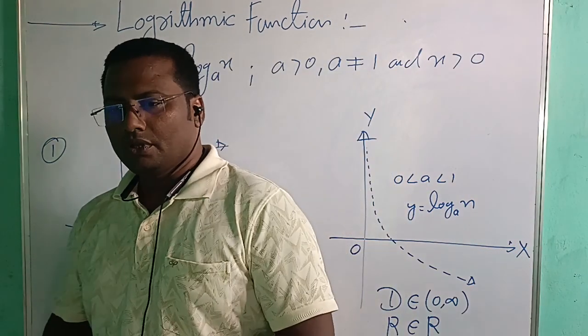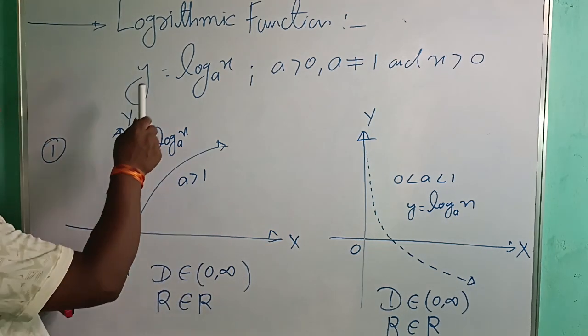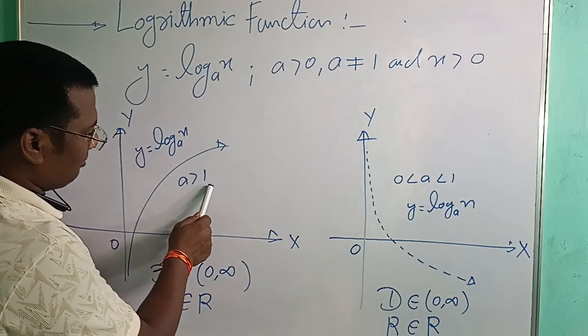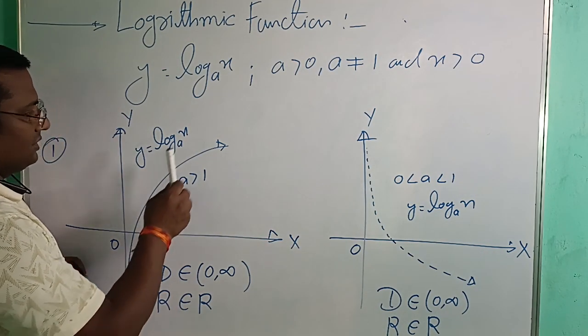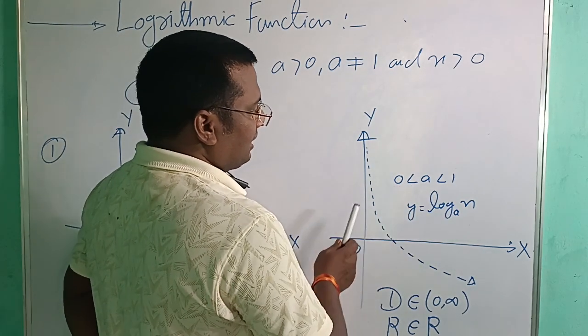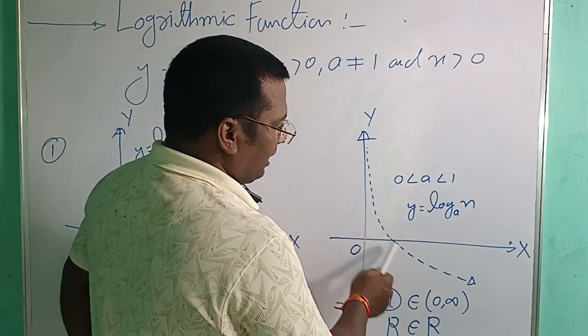Okay. So if this is log x base a, and the base a is greater than 1, then the graph of this function is like this. If the base lies between 0 and 1, then the graph of this logarithmic function is like this.